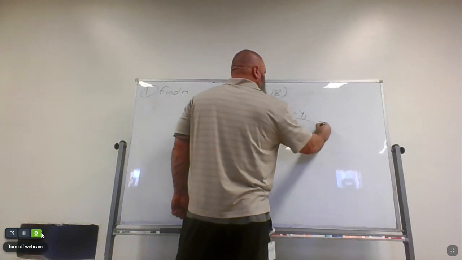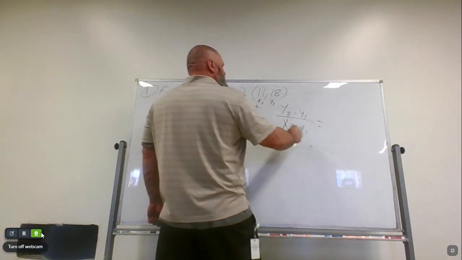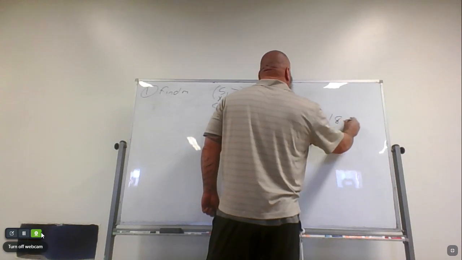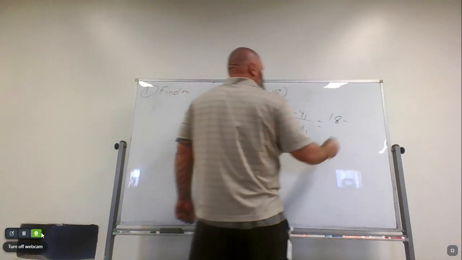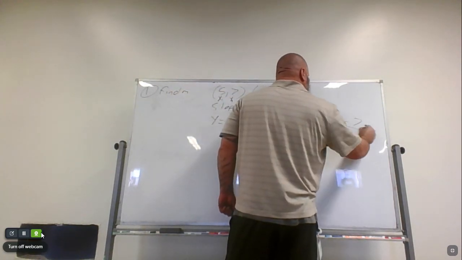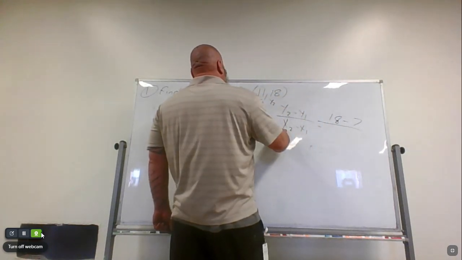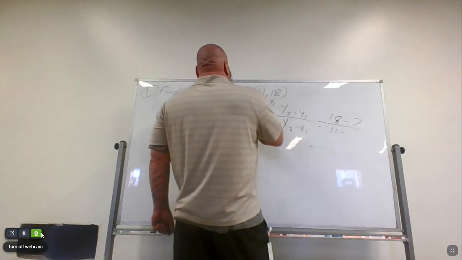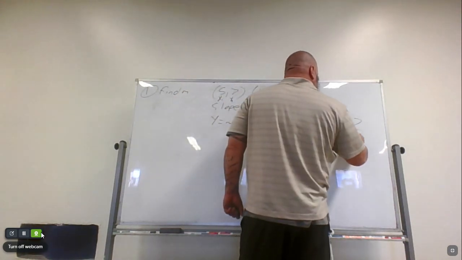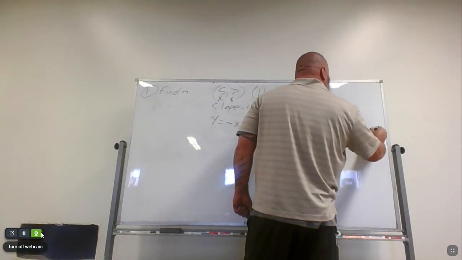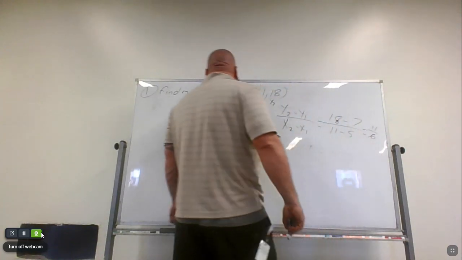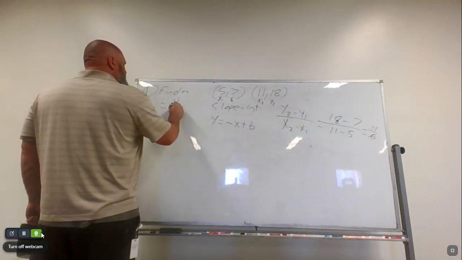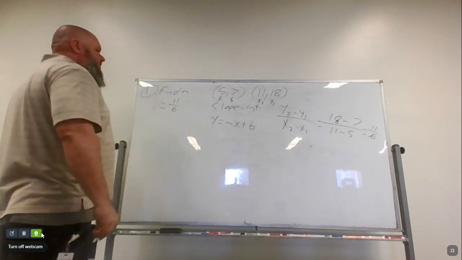So let's plug these values in. y2 is 18, y1 is 7, over x2 is 11, x1 is 5. When we solve, you get 11 over 6. So our m value is going to be 11 over 6.